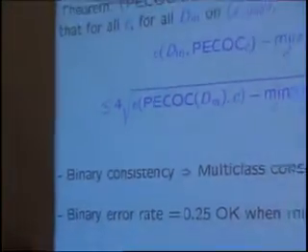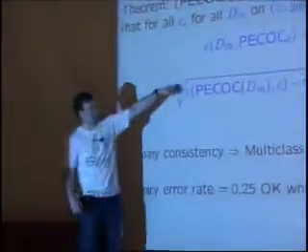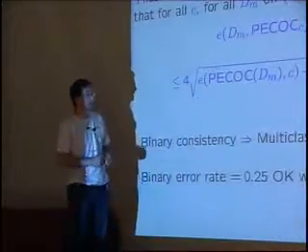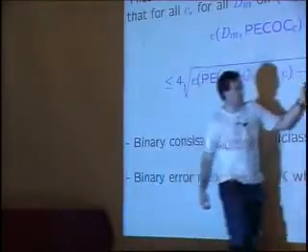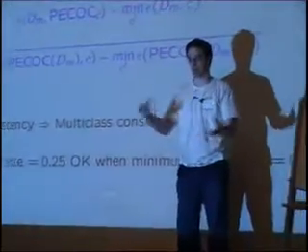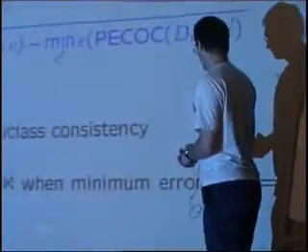It's also, so the square root is not great, but because we subtract off this minimum, it might be telling you something pretty non-trivial even when the minimum binary error rate is 0.25, right?